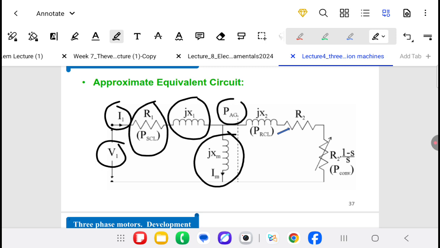Then we have the air gap power, which is going to pass the air gap to the rotor. We have rotor resistance, which accounts for rotor copper loss, and the fictitious resistance R2 times 1 minus S over S, which accounts for the output mechanical power or the converted power.